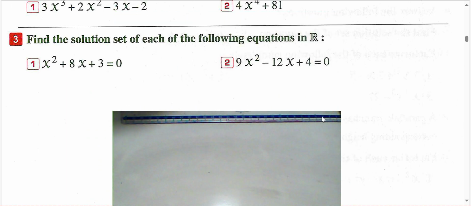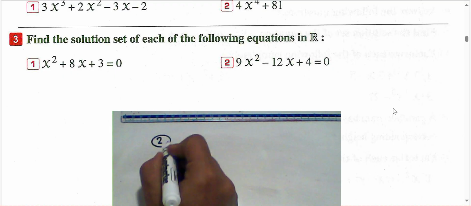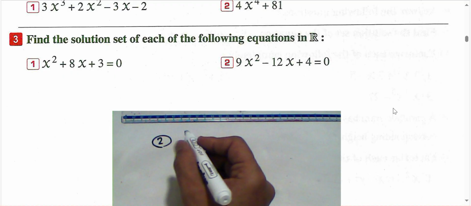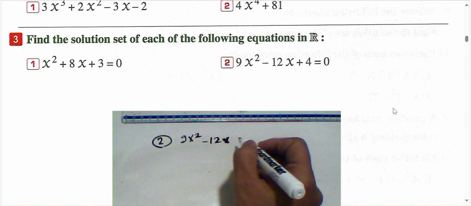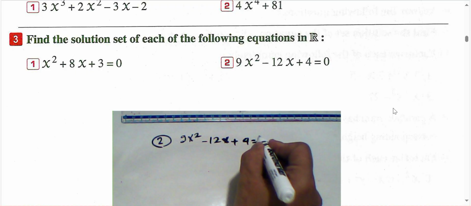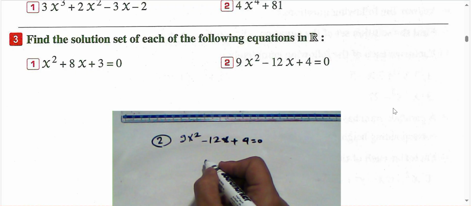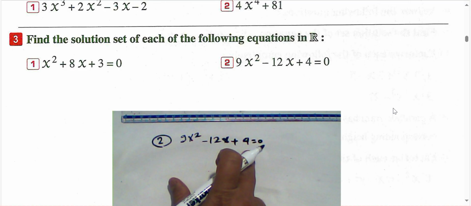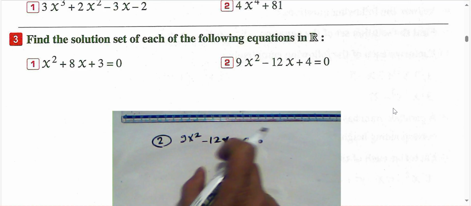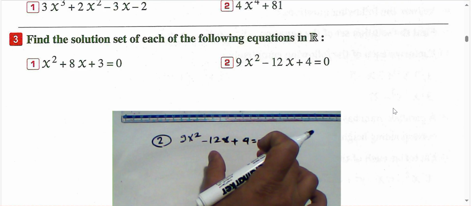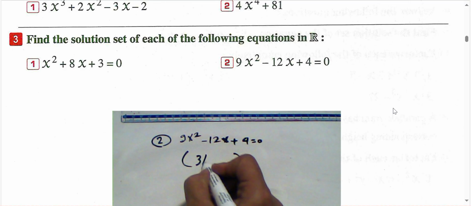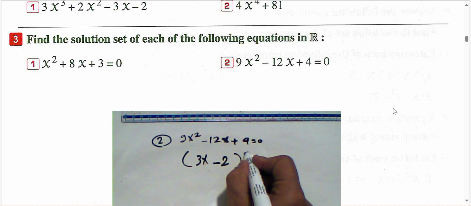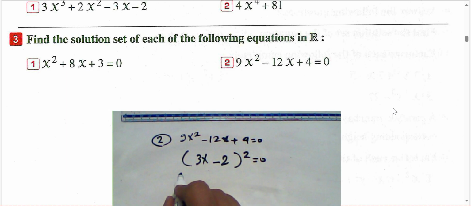Next question. Number 2, we have 9x^2 - 12x + 4 = 0. In this expression we can find the square root of the first and third. 3 times 2 is 6, times 2 is 12. This expression we call a perfect square. The square root of the first and the third, with the sign here, all to the power 2, equals 0.